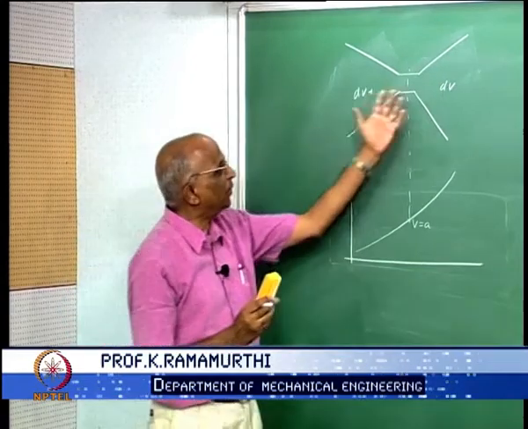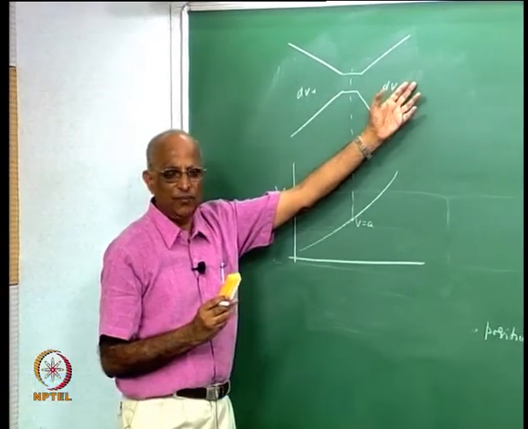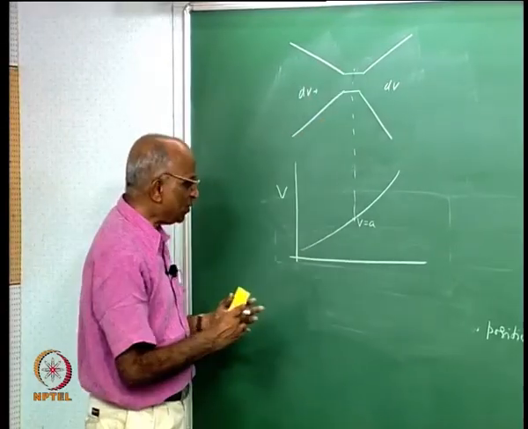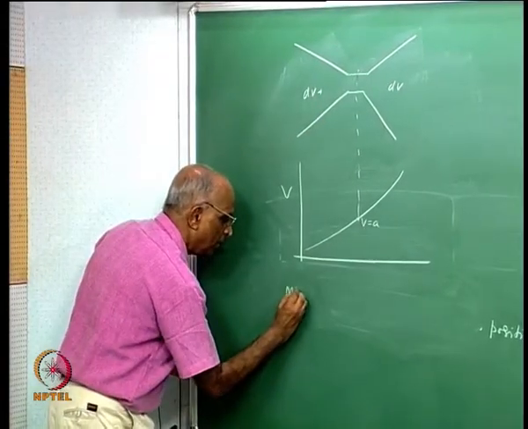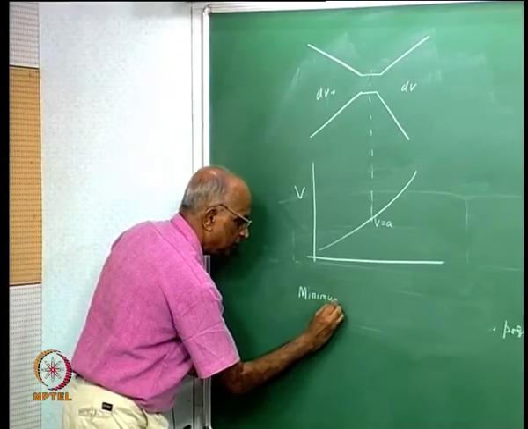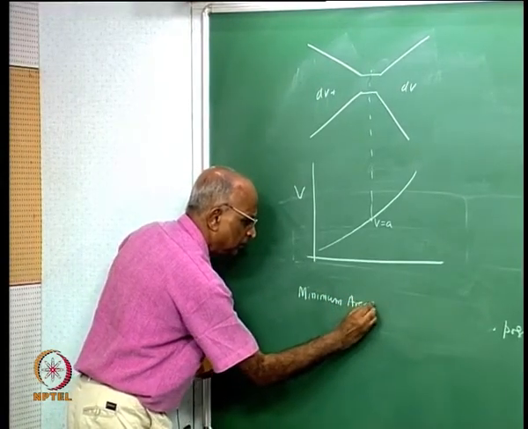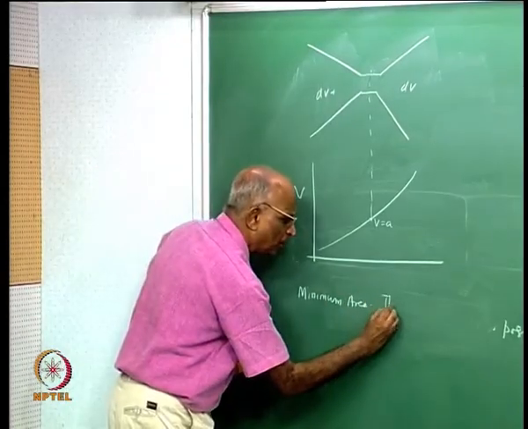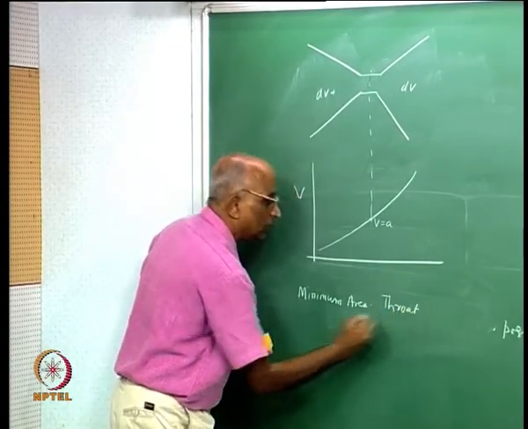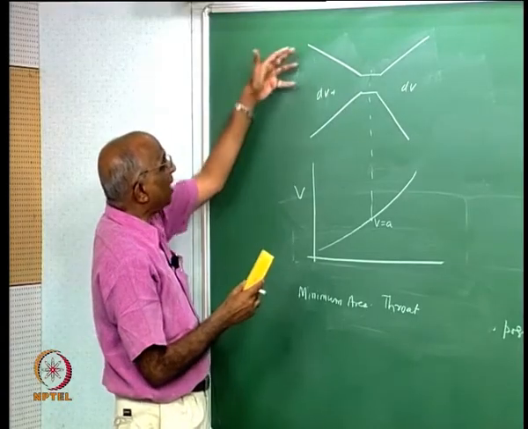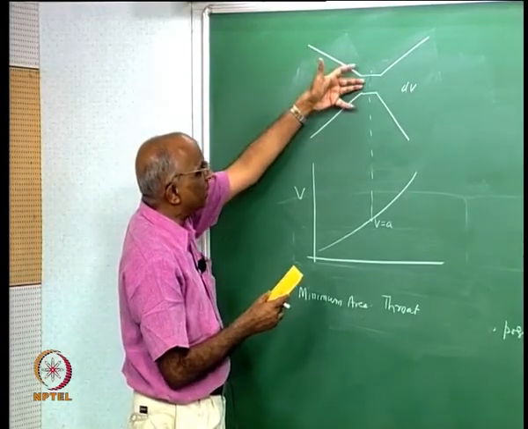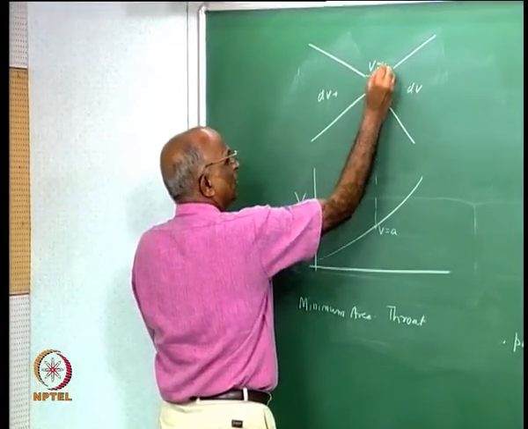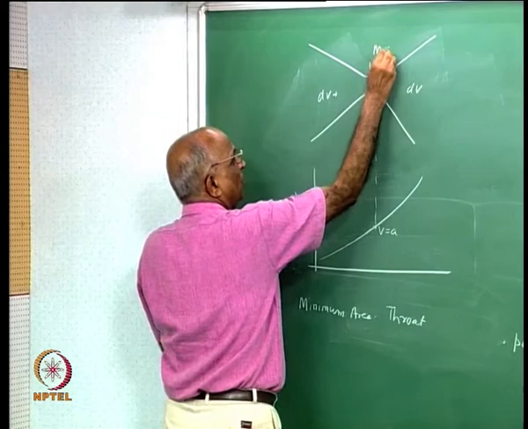Therefore, in order to get a high value of jet velocity, we must have a minimum area, and this minimum area I call the throat. So we start with a large area, we converge it, and we increase the velocity to the sound speed at this section, which is Mach 1.